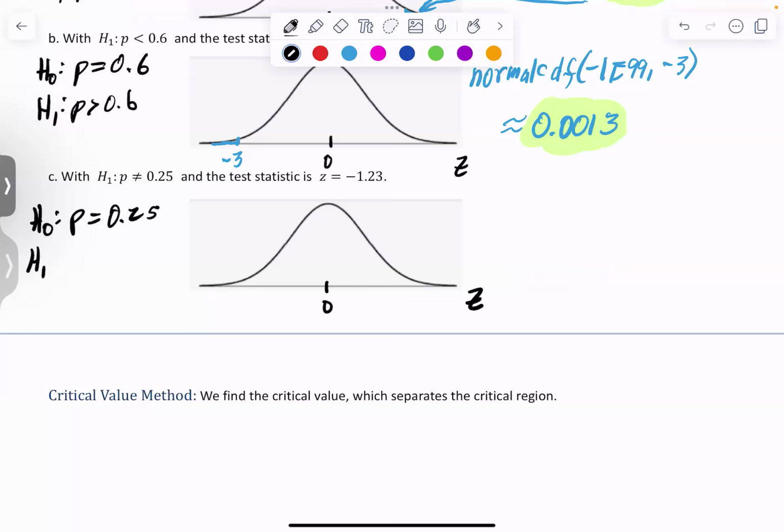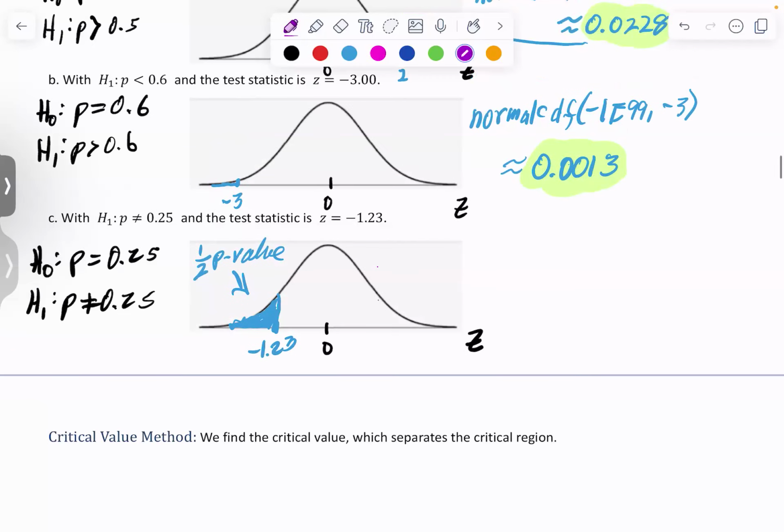Our alternative, P is not equal to 0.25. Now, if you remember, the not equal to means that it is a two-tail. And what they are giving us is Z equals -1.23. And to be clear, this area here is only half the picture. So this is only 1/2 the p-value. The other half is over here.